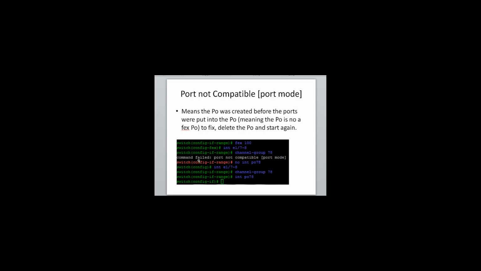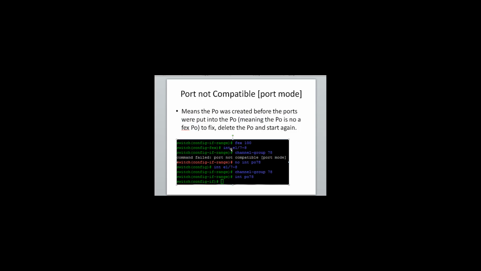But I got this weird command in here called port not compatible port mode, and I had no idea what it meant. I'm putting the commands in properly. What do you mean? So it turns out that it meant that the port channel was created before the ports were put into the port channel. So I guess under the hood somewhere, I'll look into that config later, but meaning that the port channel is not a flex port channel.